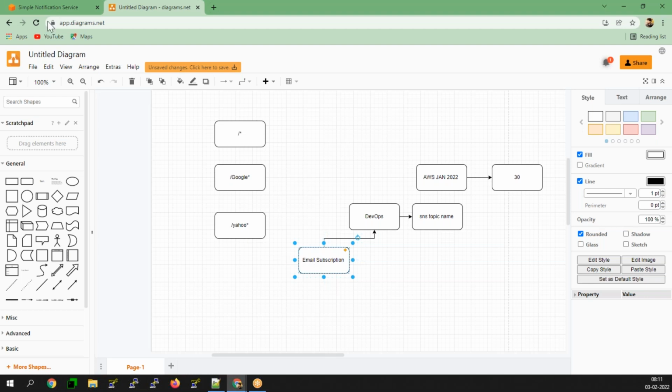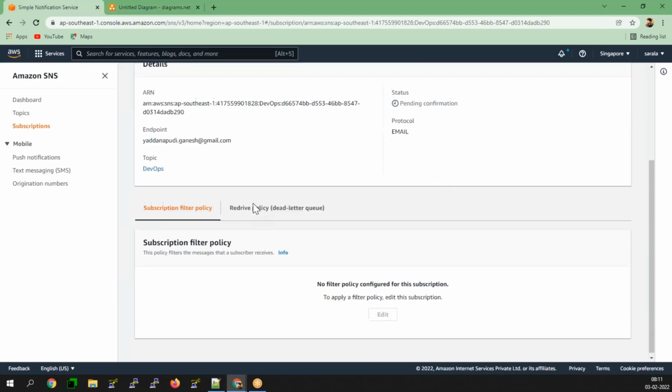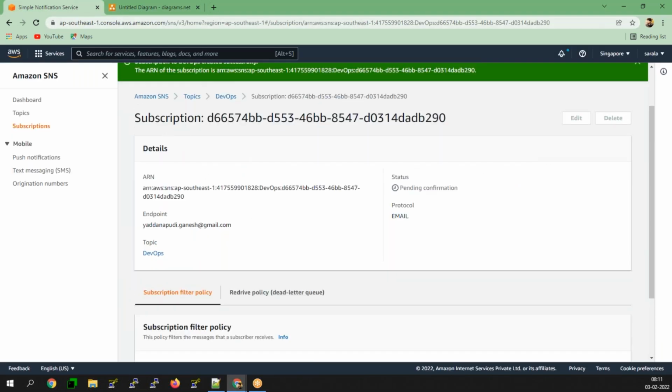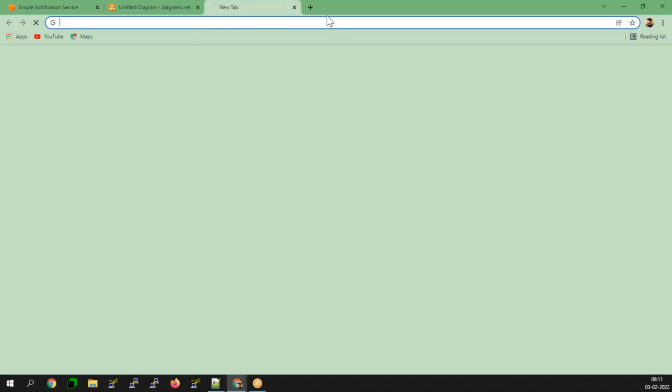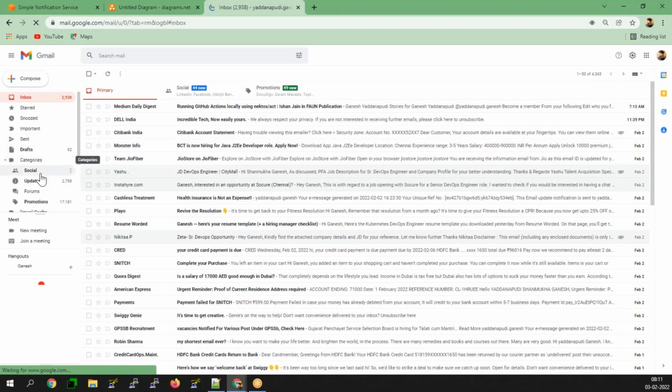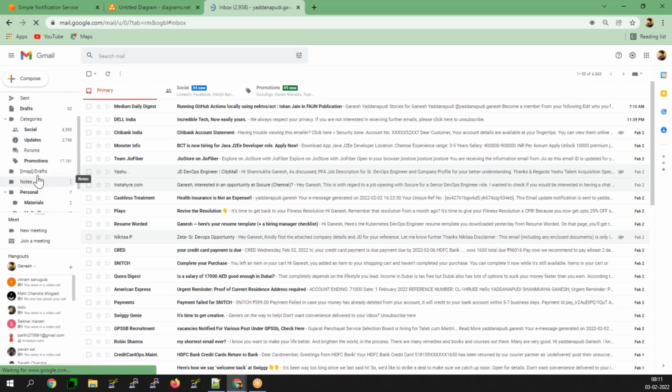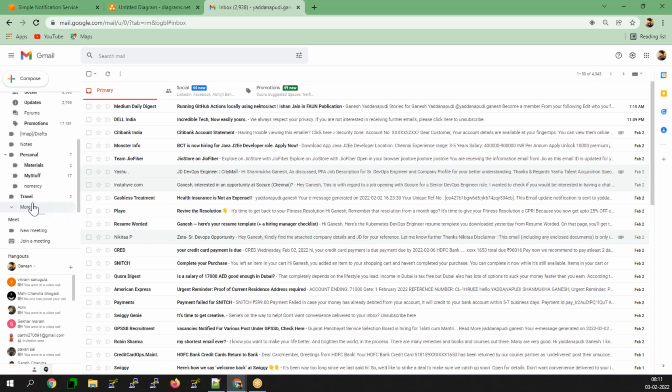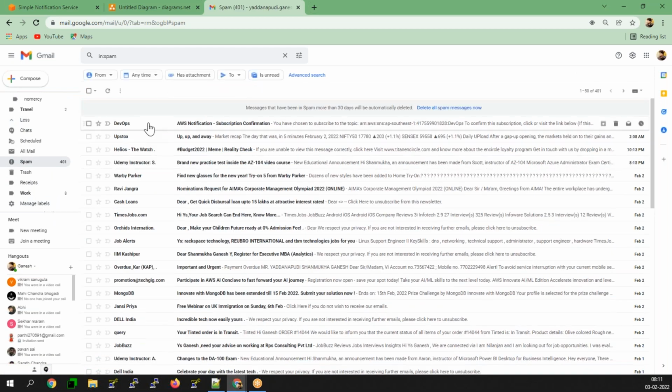Now this email subscription you need to enable here. So go to the respective inbox. I have blocked it completely, so that's why it is going to get into spam.